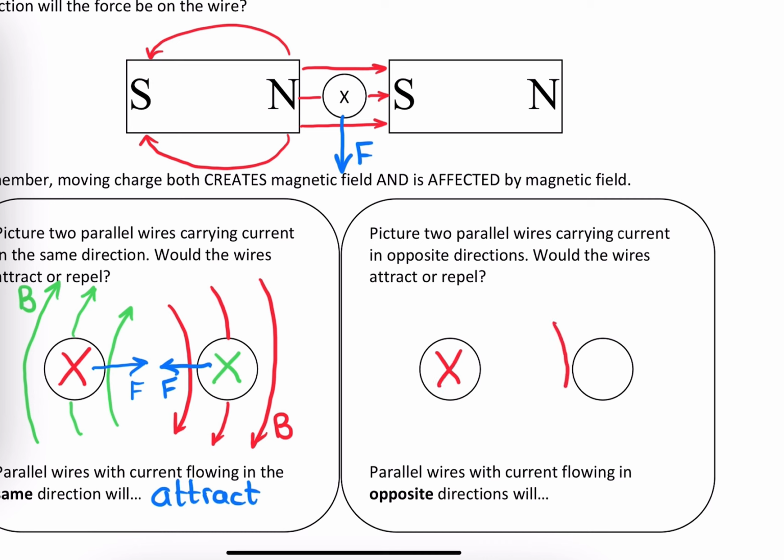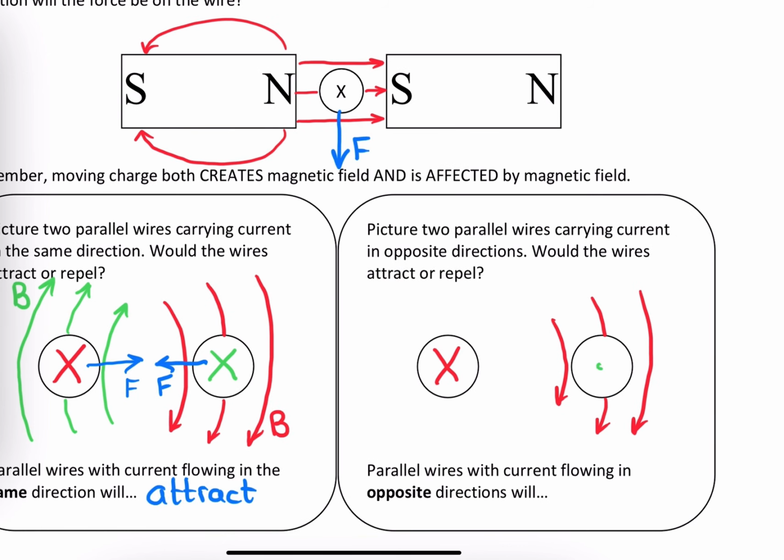So it'll create a magnetic field like this. But I'm going to make this second wire have current coming out of the page. So that means the magnetic field it creates, and I can verify this using my first right-hand rule, is going to be counterclockwise around that wire. And I'm only going to draw the parts of that magnetic field that are over here where this wire is.